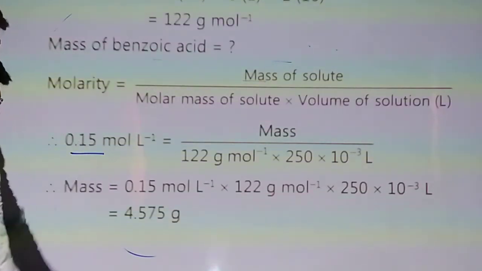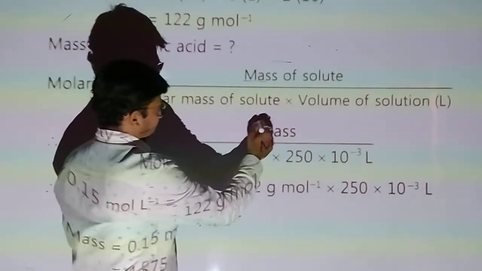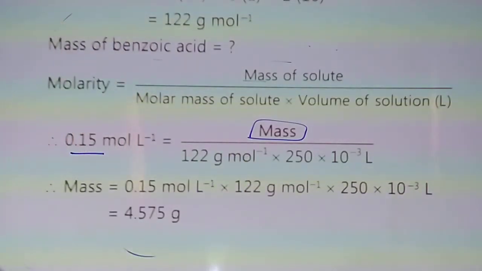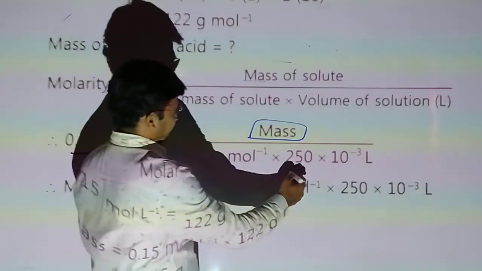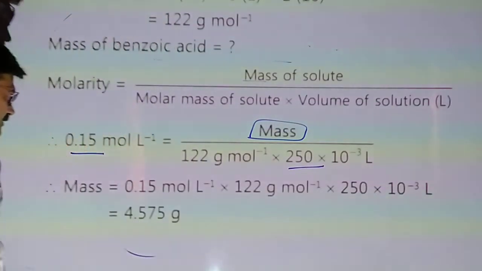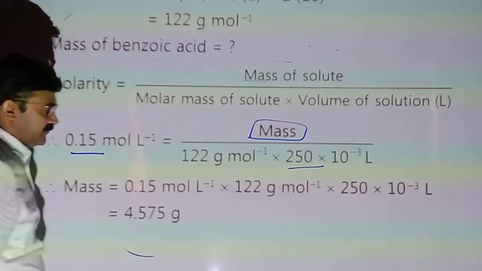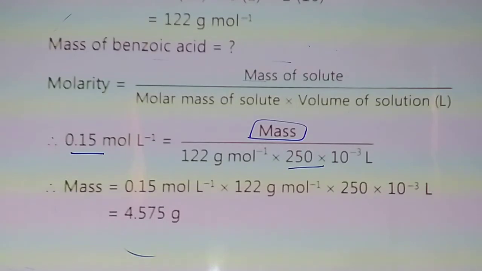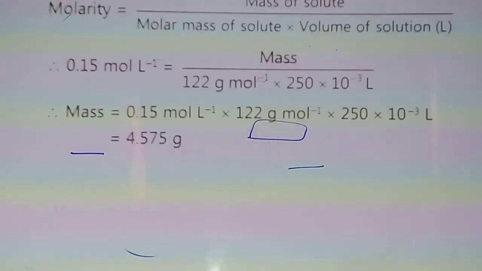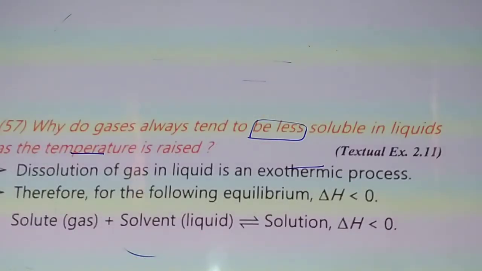Molarity is given 0.15. Mass we have to find of benzoic acid, 122 molar mass of solute, 250 divided by 1000, so in liter. So mass will be 0.15 into 122 into 250 into 10 raised to minus 3. So 4.575 gram is our answer.